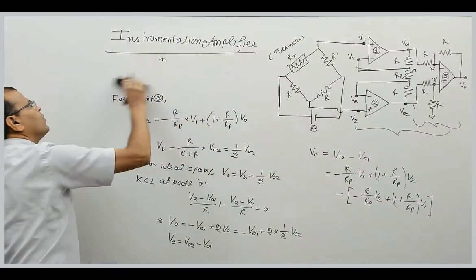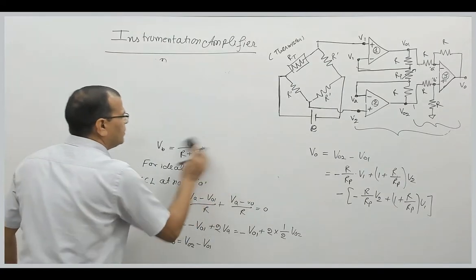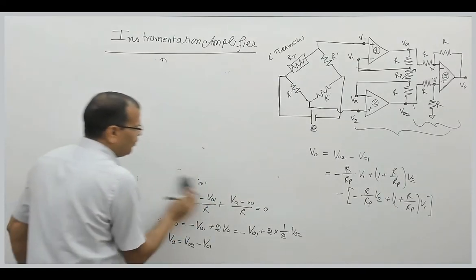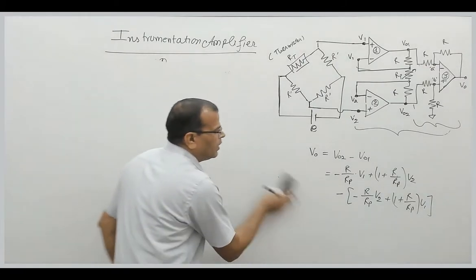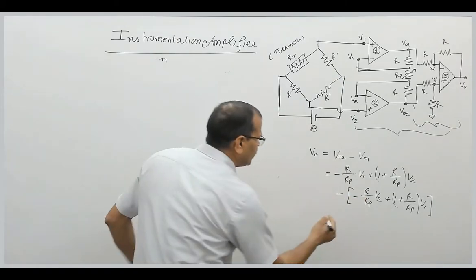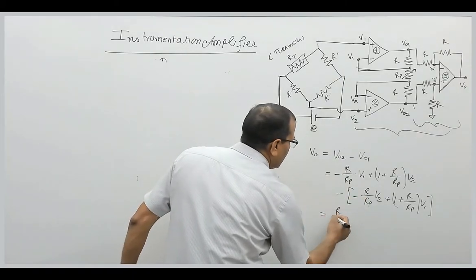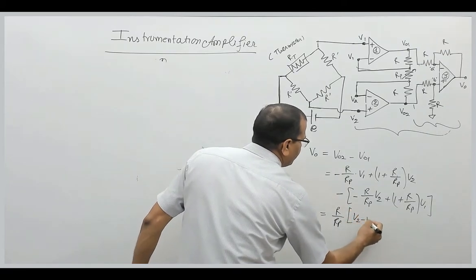Now let us go ahead. What will be the sum of these voltages? You can simply add. Now see it carefully. I can take this factor common. So this is nothing but R by RP into V2 minus V1.